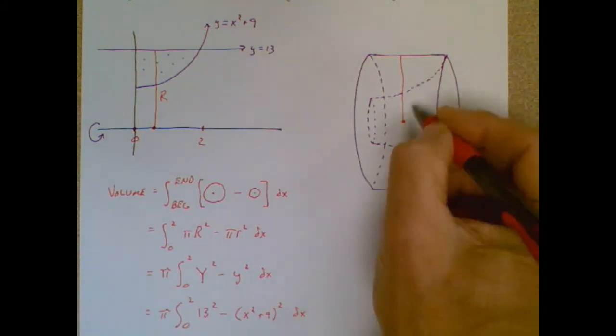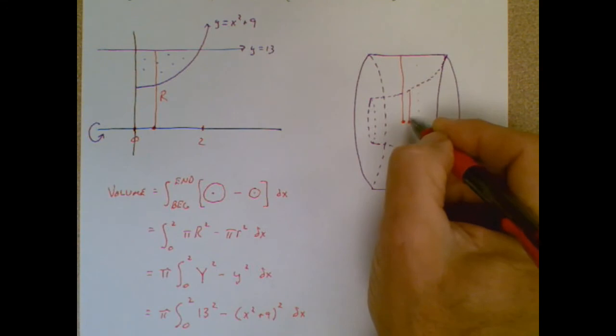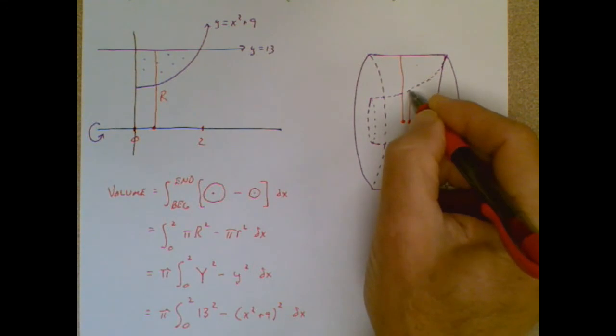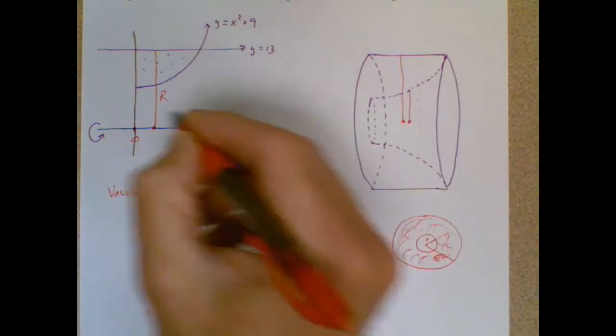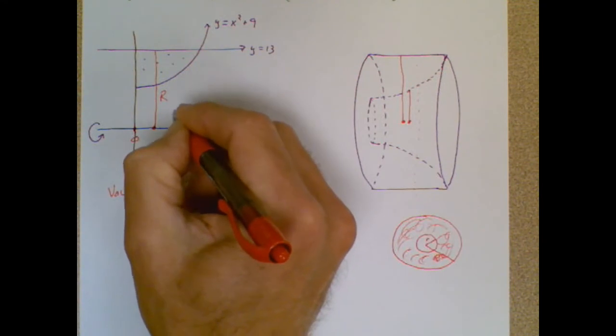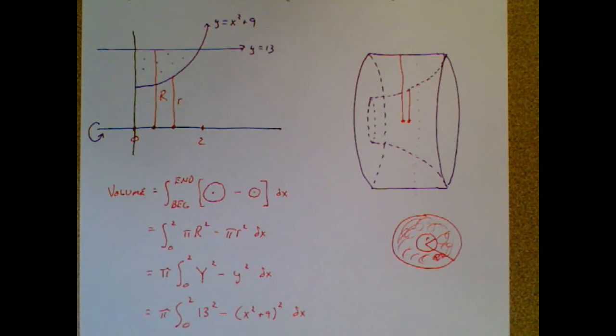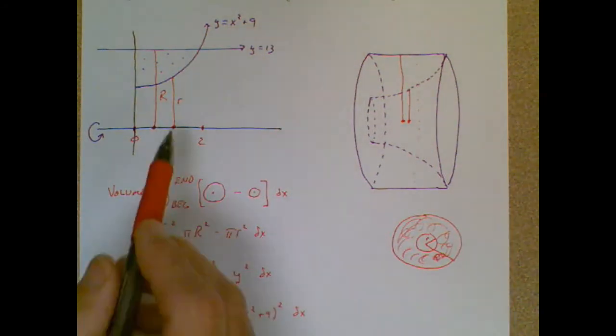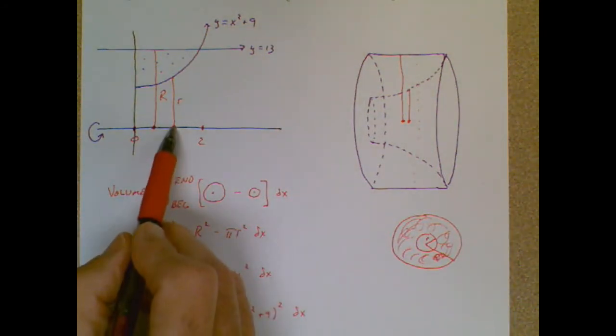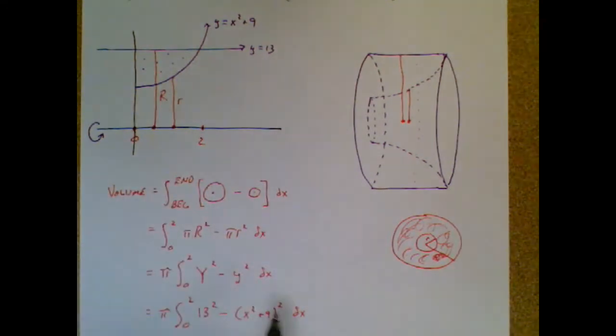And then the inner radius, the radius of the little circle, would go from the center up to this curvy part, which means it would be like that. So I'm going to call that a little y. That's a pure y value because it goes from x-axis up to a function.